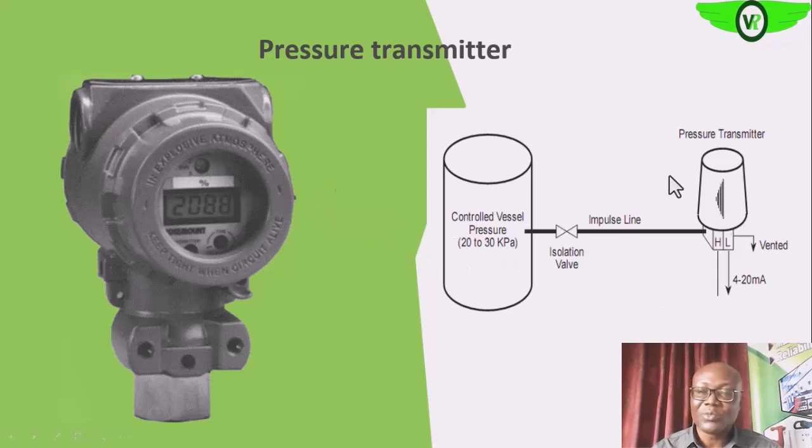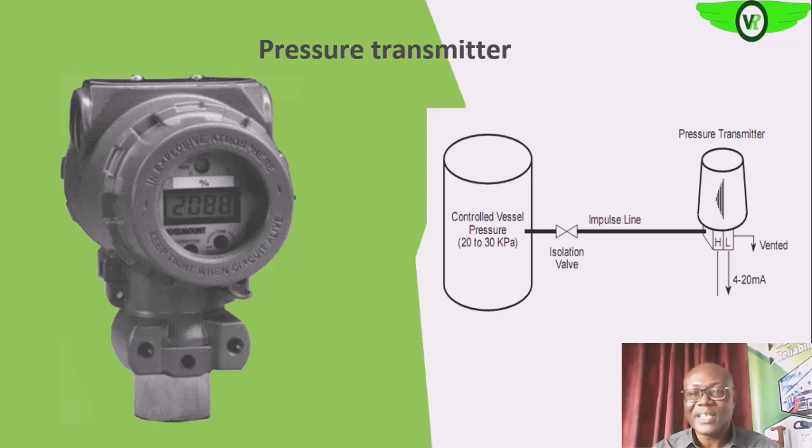So it is what we now amplify it to this 4 to 20 milliamp value that will be transmitted either for control or for monitoring purposes. Okay. So the transmitter is basically an amplifier and a transmitter, so to say.